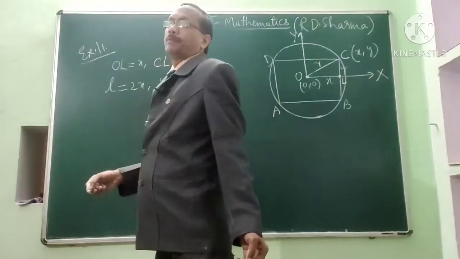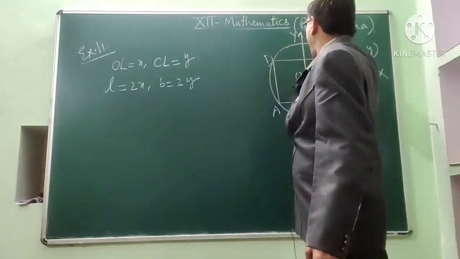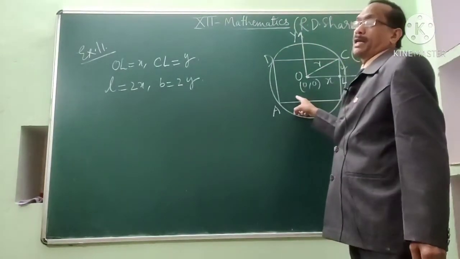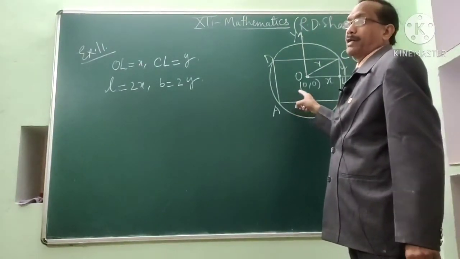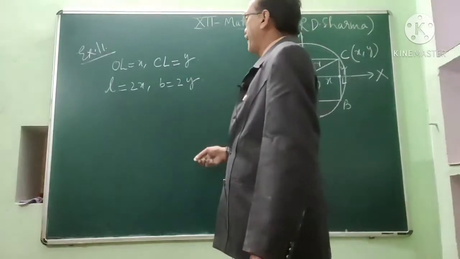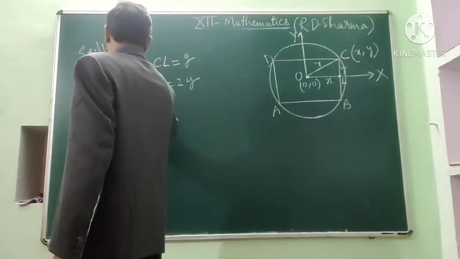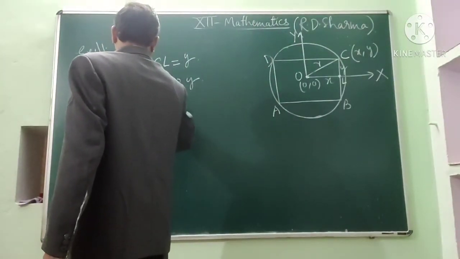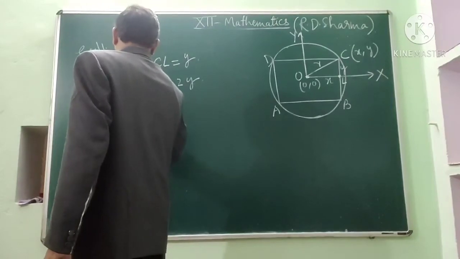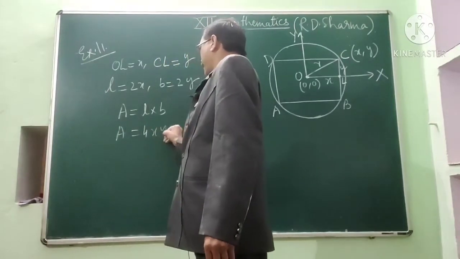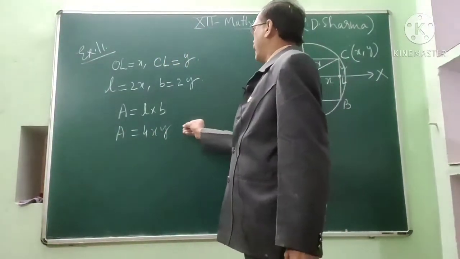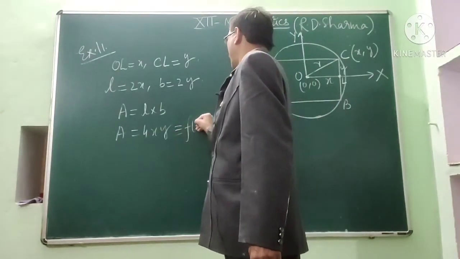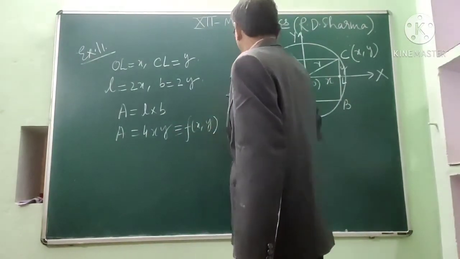We have to prove that the area of this rectangle will be maximum when it is a square. So area is L into B, or it is 4xy. It is a function of x and y. Here x and y both are variables.